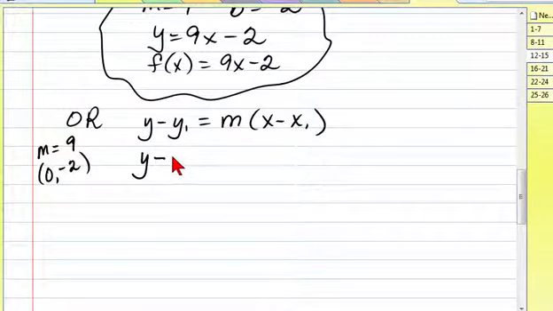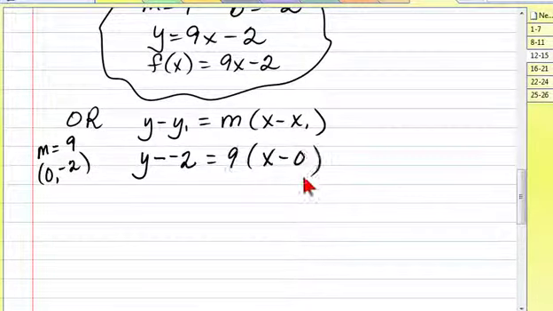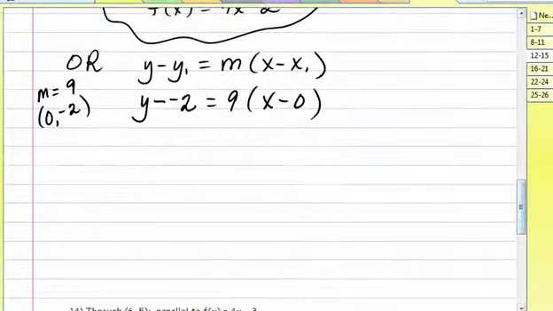So I have y minus negative 2 is equal to 9 times x minus 0. This is if I didn't notice that I already had the b value. So minus minus means plus plus.